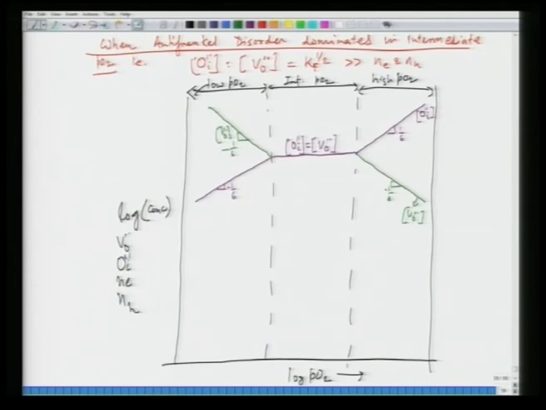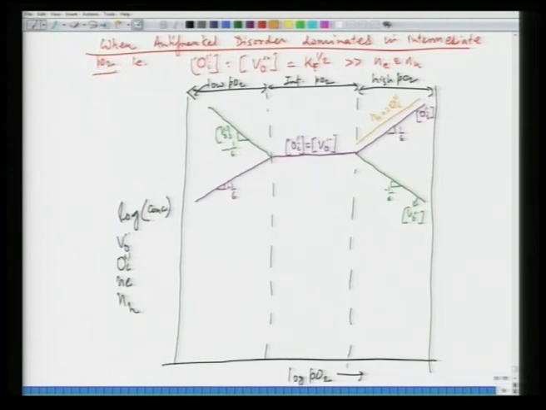Now, what about NE and NH? That is very simple. We know that NH is equal to 2 of OI, again having the same slope of plus 1 by 6. Now, how does NH vary in the middle region?